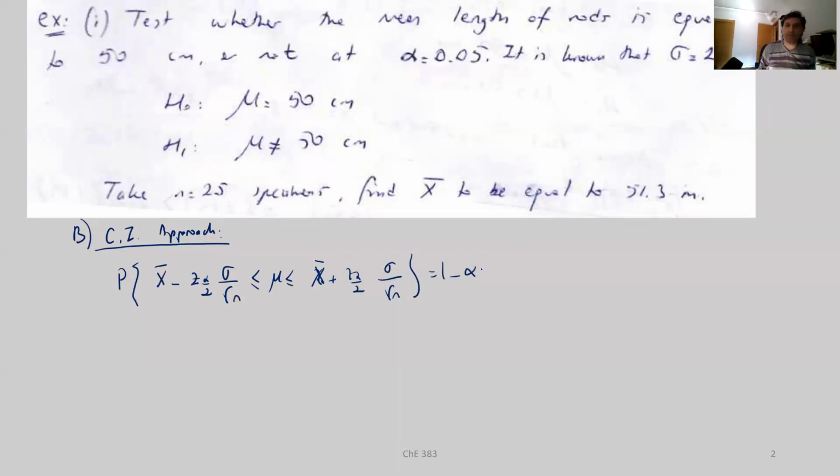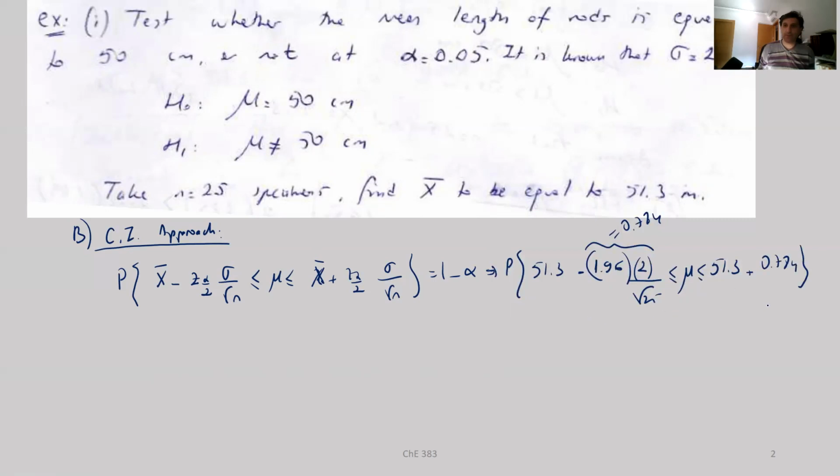So this is going to be the probability that 51.3 minus Z alpha over 2, which is 1.96, and sigma is 2, and square root of n is 25, is smaller than or equal to mu, smaller than or equal to 51.3 plus the very same value here, which is 0.874. This is going to be equal to 0.95.